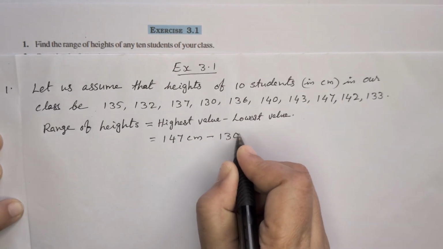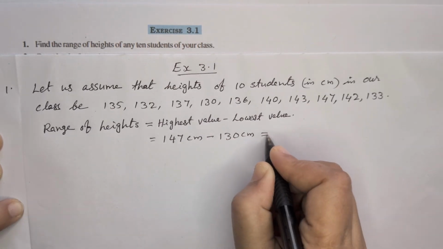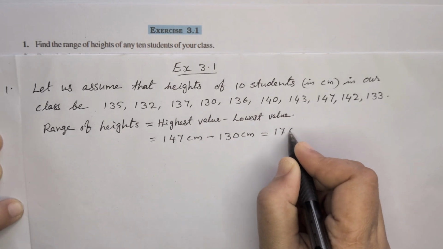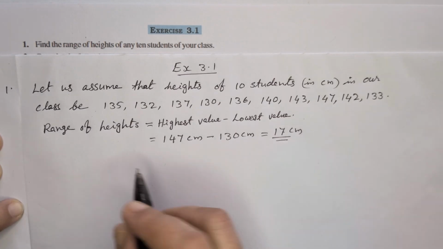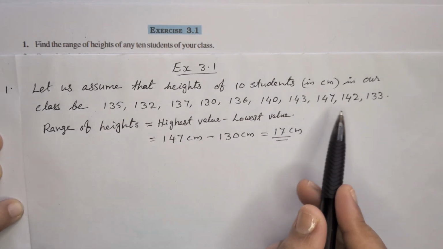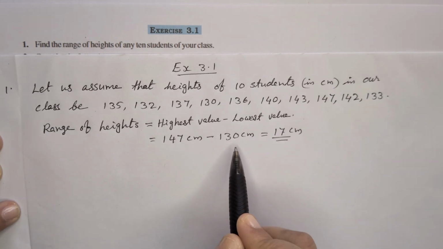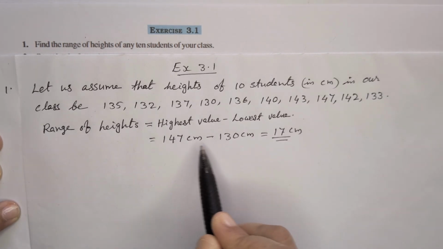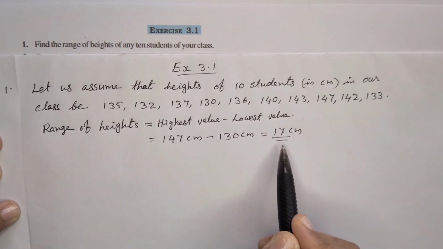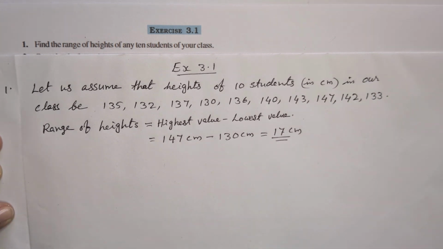So 147 centimeter minus 130 centimeter is equal to 17 centimeter. So the range of heights out of these data, that is the highest value 147 and lowest 130, the difference between the highest value and lowest value, that is 17 centimeter.